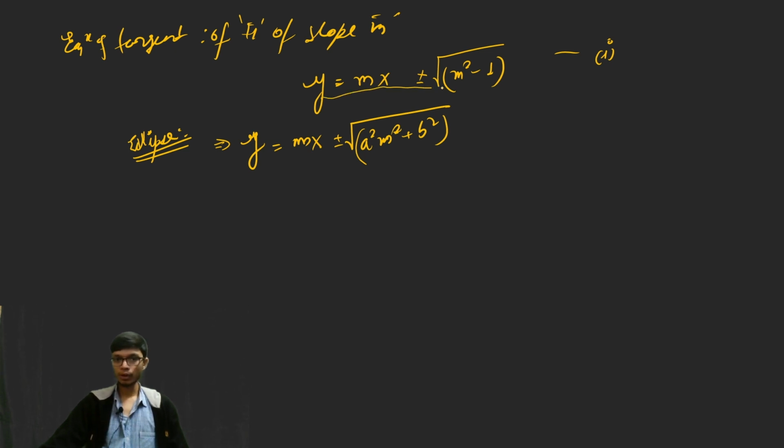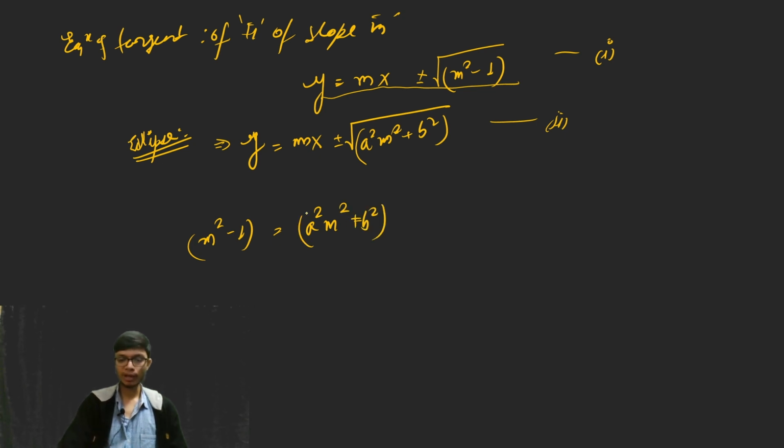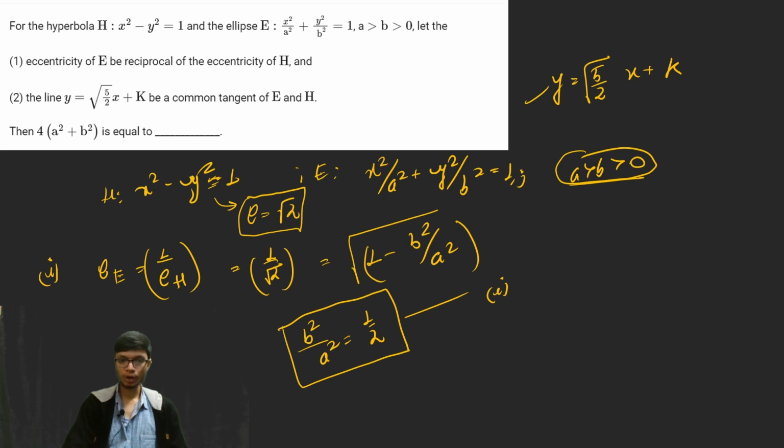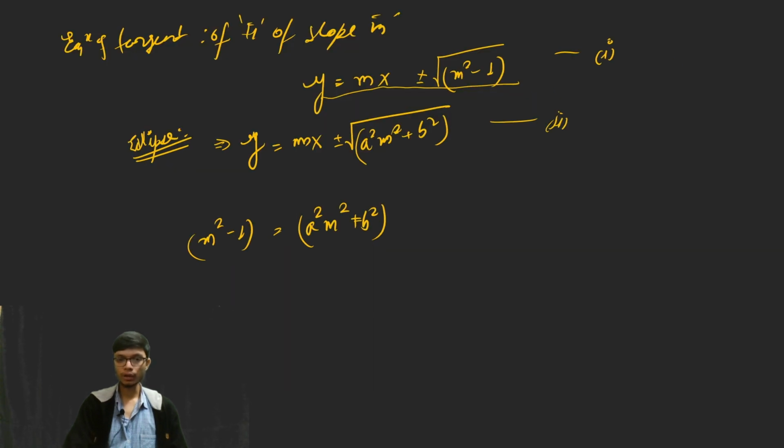From here you get a second equation, but both are the same because they imply a common tangent. That means they only have to satisfy the constant part. So if you equate the constant part, m² - 1 = a²m² + b², and we already have a² = 2b².